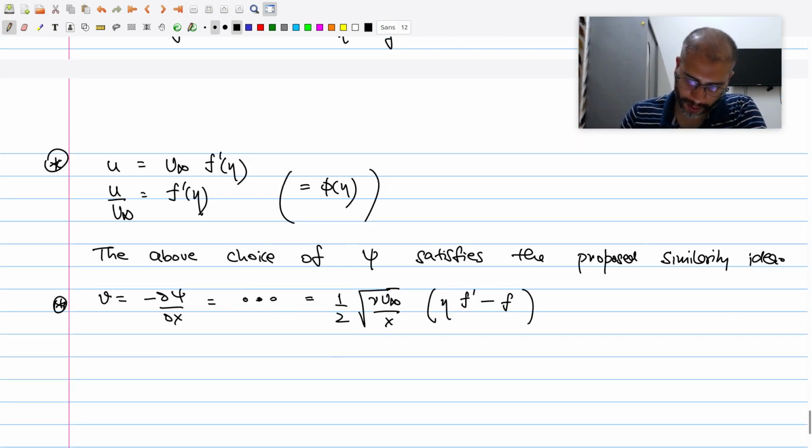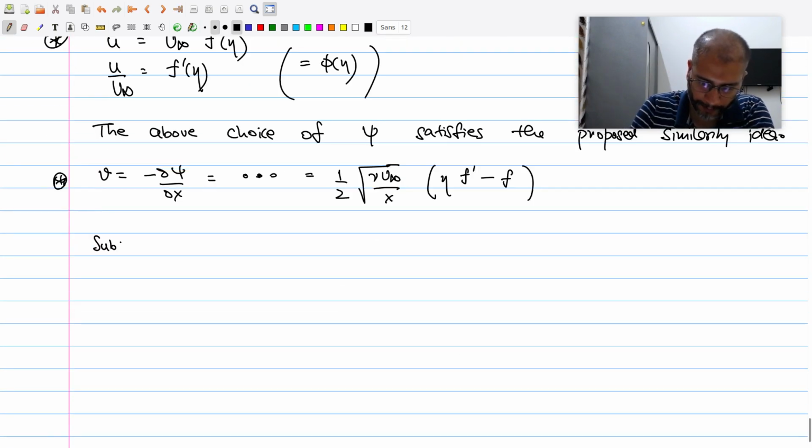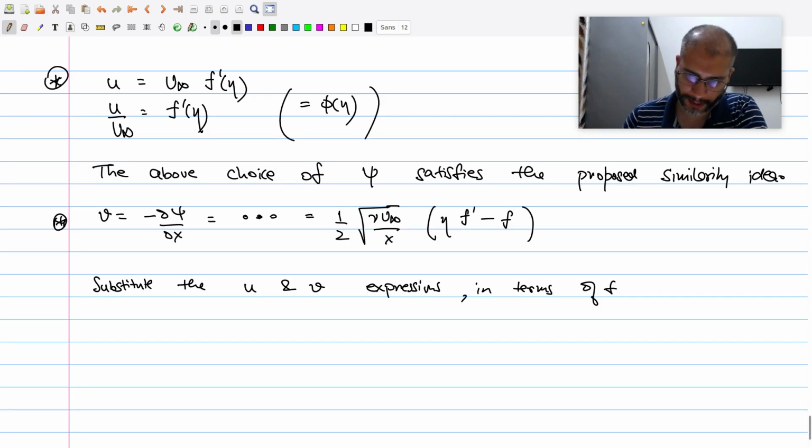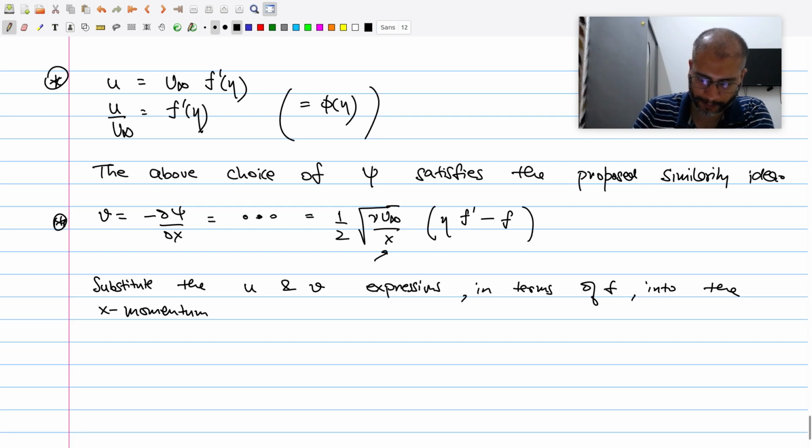So what we do here is we substitute the u and v expressions, which are in terms of f, and also have x and so on, into the x momentum equation in the boundary layer equations.